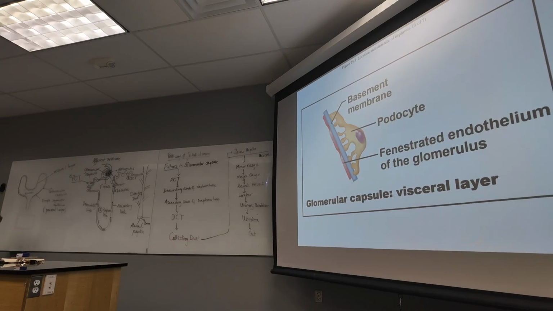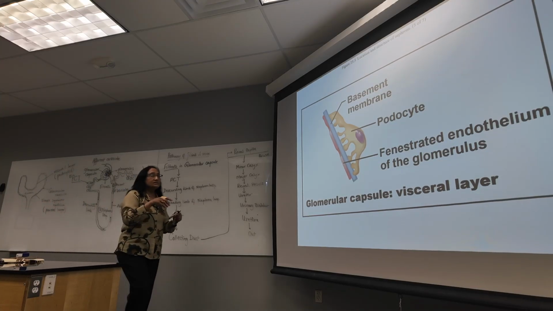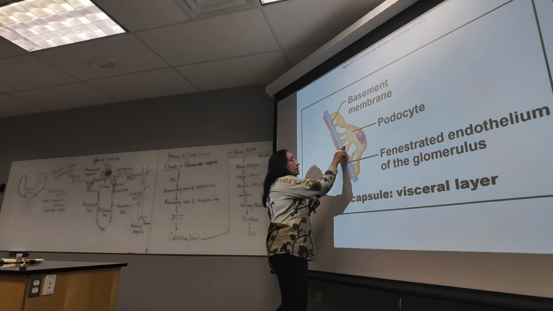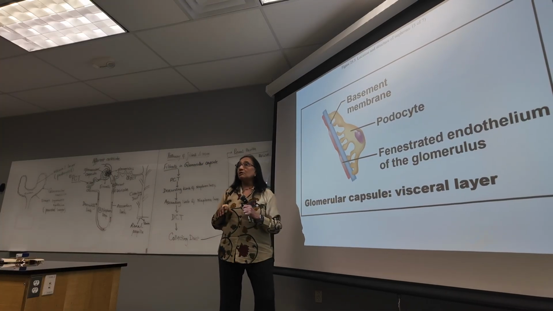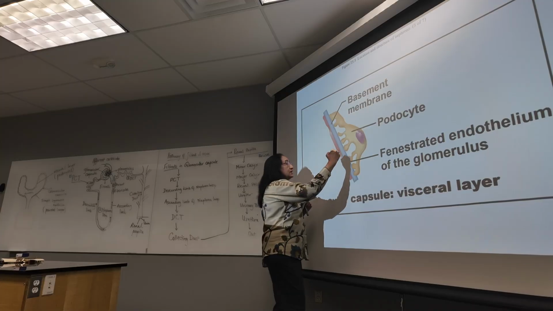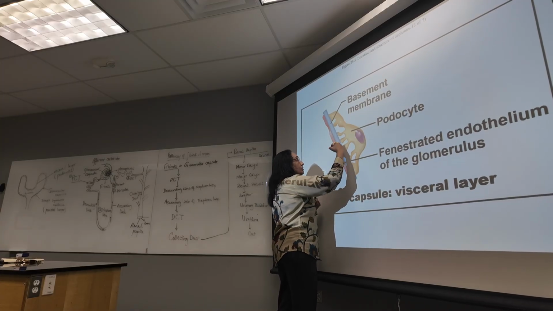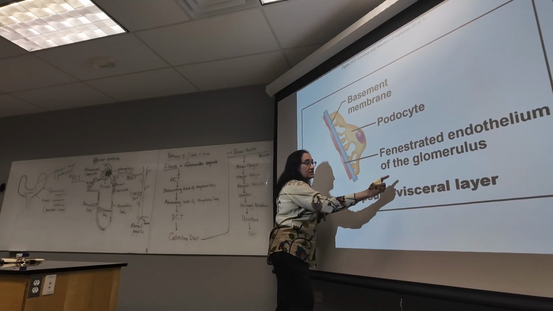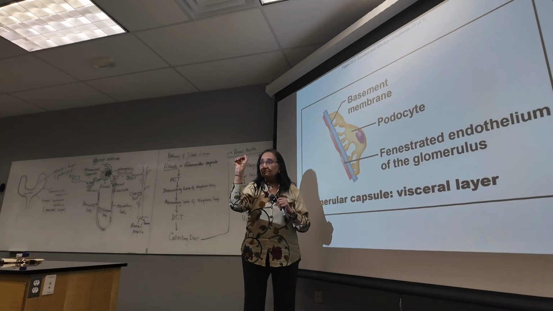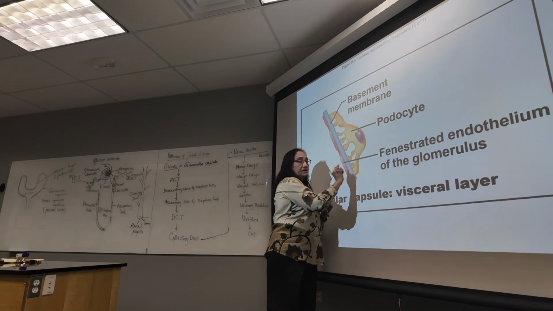These modified squamous epithelial cells are called podocytes. Podocyte means foot processes. So things can easily filter out from here. It's fenestrated. Fenestrated means there are a lot of tiny openings.